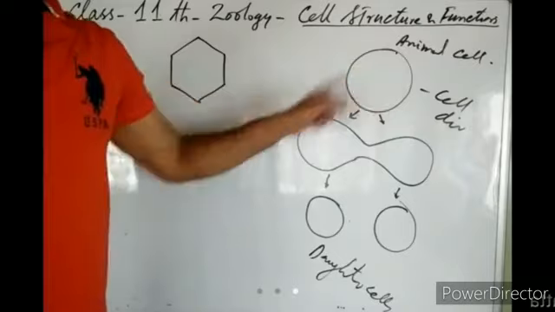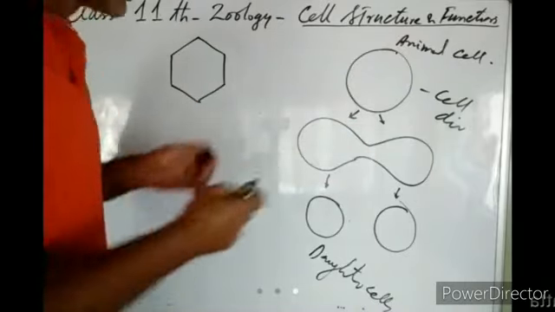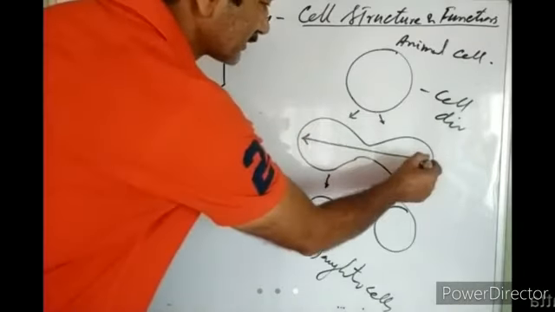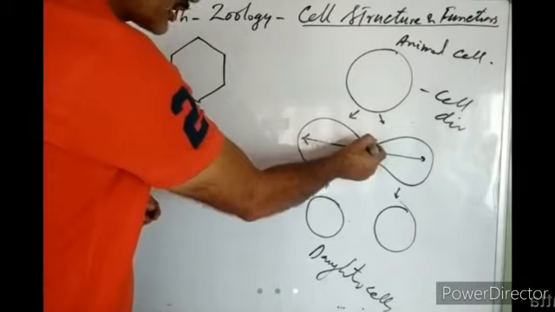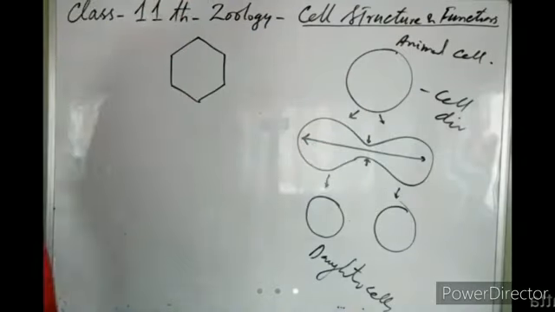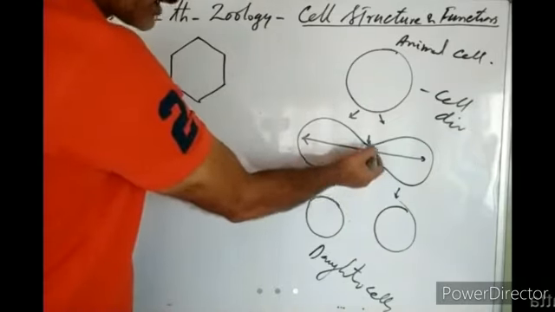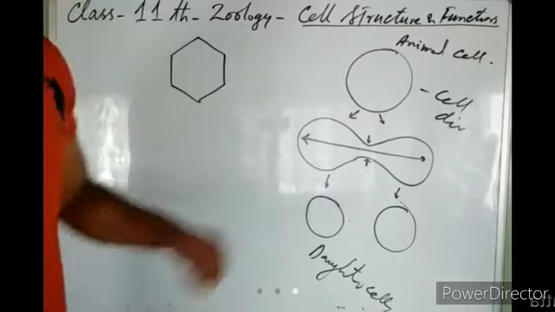In this phase the cell elongates in length, and in the process of elongation it develops a constriction in the middle. Finally, the plasma membrane from the two sides meets and breaks the cell into two daughter cells.